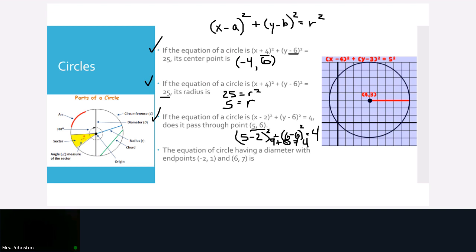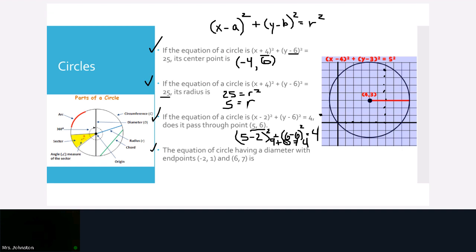The equation of a circle having a diameter with endpoints (-2, 1) and (6, 7) is what? Well, let's plot that out. (-2, 1) would be right here on my graph. And (6, 7), 1, 2, 3, 4, 5, 6, 1, 2, 3, 4, 5, 6, 7, would be right there.